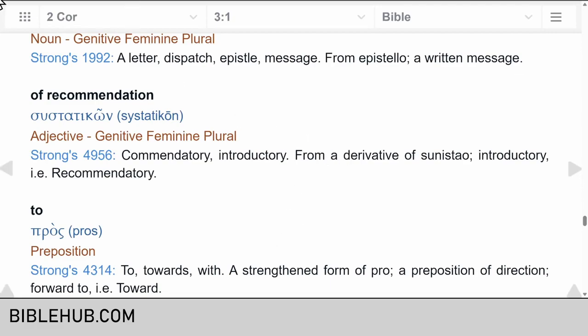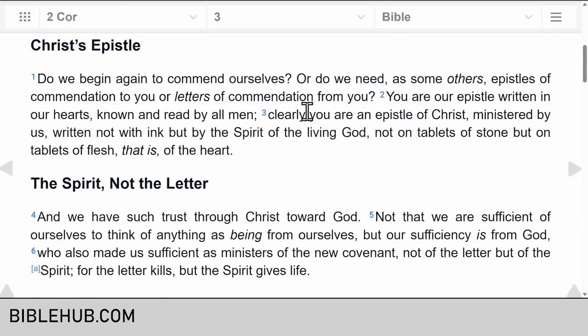So this letter of commendation is like a letter of recommendation that people should listen to Paul. But his point is, if we go back to the chapter, do we begin again to commend ourselves? And do we have to stand by ourselves and support ourselves? Or do we need, as some others, epistles or letters of commendation to you or letters of commendation from you? He says, you don't need to have anybody recommend us to you. You know us.